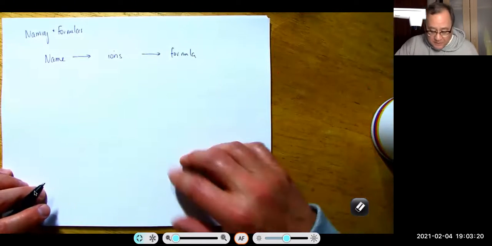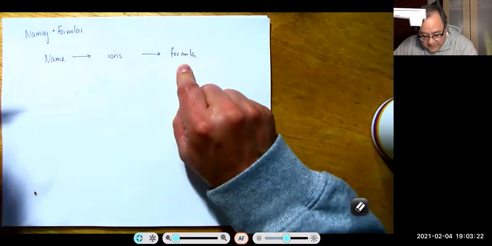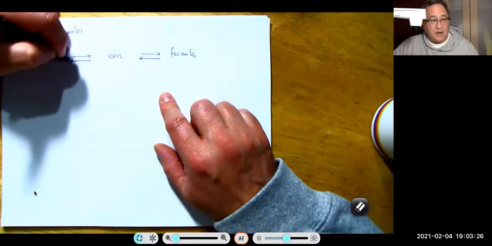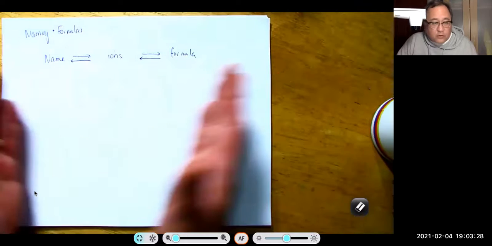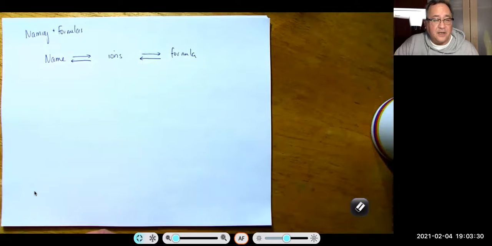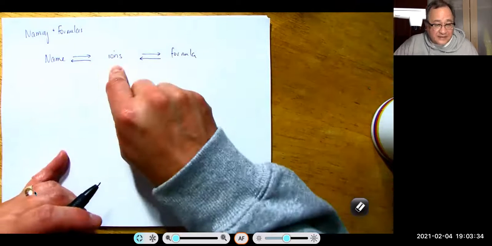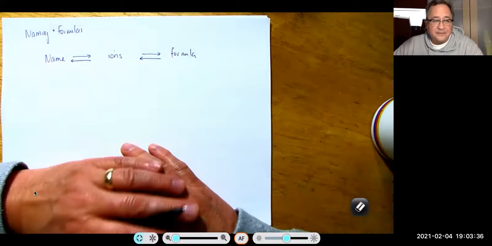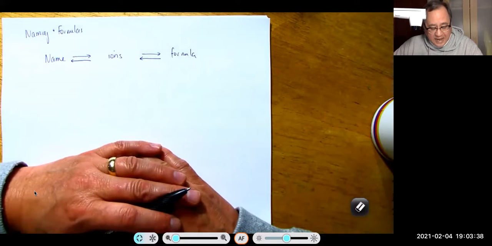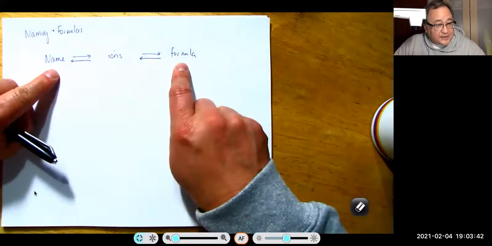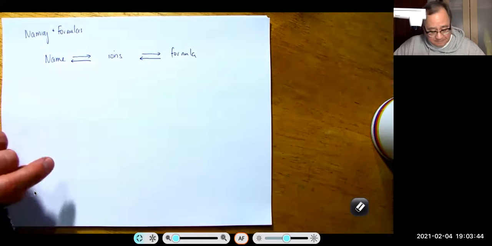But I also want to be able to give you the formula, have you figure out the ions, and have you figure out the name. I want you to be able to travel both ways on this street. And I'd like you to be able to start at either end or in the middle and get to either end. So let's take a look at some formulas and see if we can get the name.